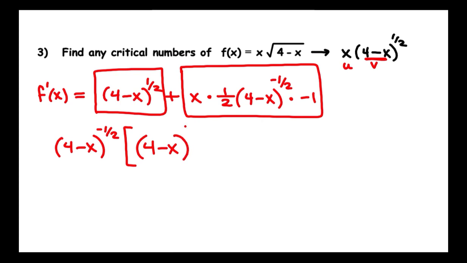This parentheses and this 1 are completely unnecessary, but I wanted you to see that if you wanted to check yourself. Remember, when you multiply, the powers get added together, the exponents get added, so -1/2 plus 1 does give you the 1/2 you started with. I'm going to go minus, because of this negative right here on the 1, minus 1/2 x.